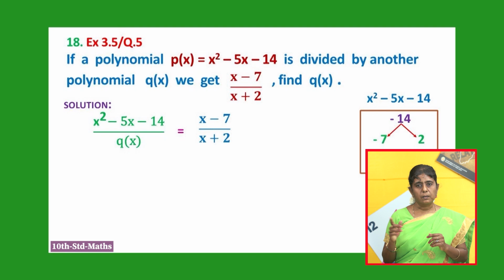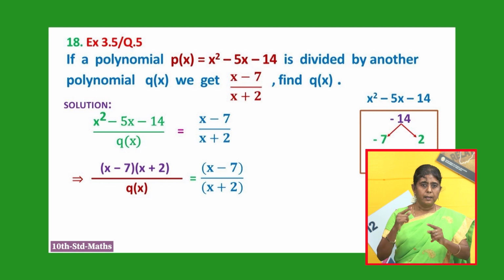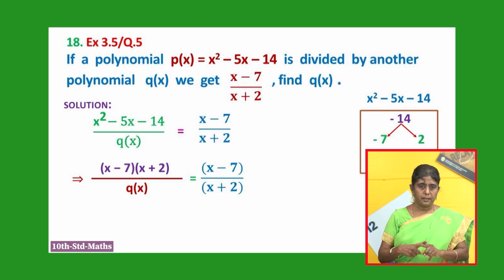By multiplying them, you would get minus 14. By adding them, minus 7 plus 2 is minus 5. So the factors are (x minus 7) and (x plus 2). Those factors we have to write, replacing x squared minus 5x minus 14 by its factors. That is (x minus 7) into (x plus 2) divided by q of x equal to (x minus 7) divided by (x plus 2).